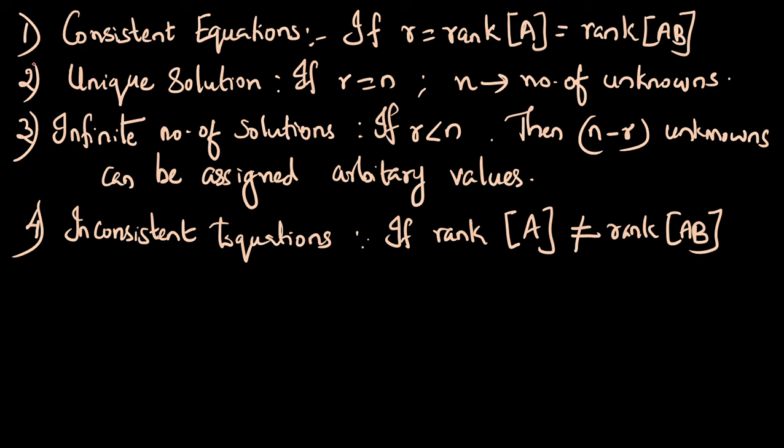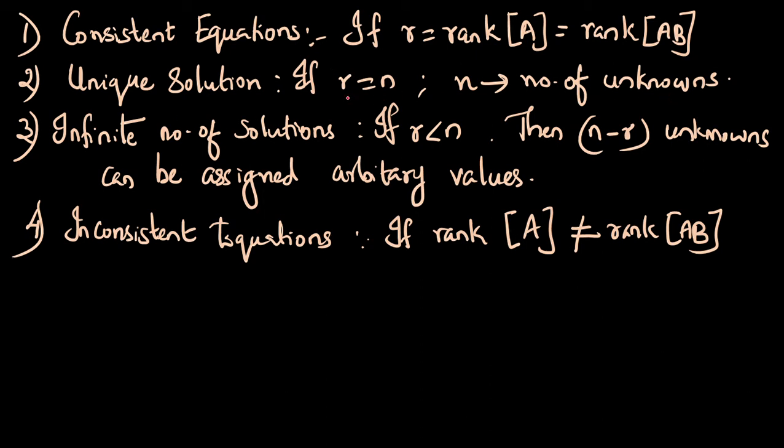In particular, if rank of A equal to rank of AB, then the system of equations is consistent. And in particular, there is a unique solution if rank r equal to n, where n is the number of unknowns.